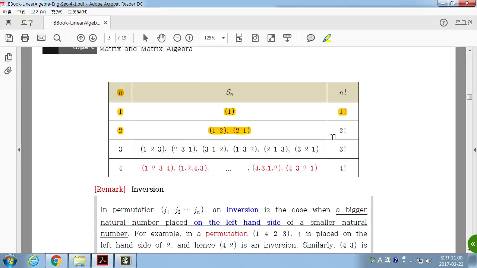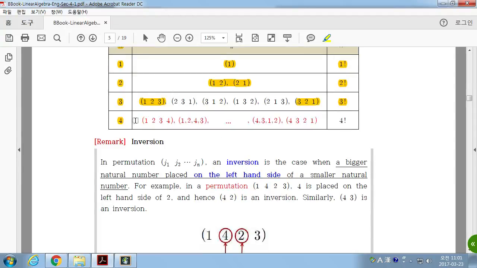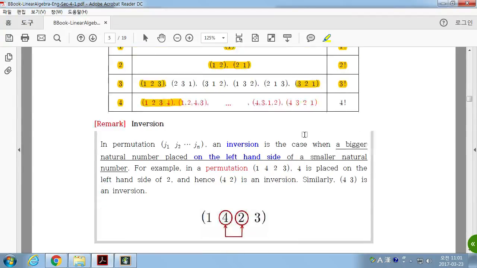For n equal to 3, we have 6 permutations: one sends 1 to 1, 2 to 2, 3 to 3; another sends 1 to 2, 2 to 3, 3 to 1, and so on. So we have 6, which is 3 factorial. For 4, we have 4 factorial permutations, because it is the whole rearrangement of the numbers from 1 to 4.